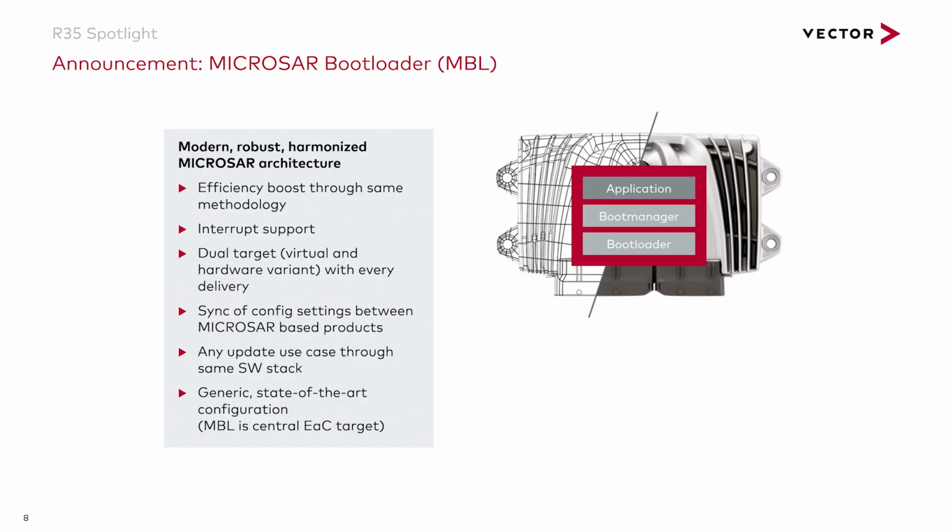That means no more mental switching between different update configuration concepts depending on the scenario necessary. The MBL follows a generic concept which keeps OEM variants close to each other and reduces development complexity. Because the bootloader is highly configurable, we rely on our modern EcuC-as-Code paradigm to ensure that configuration is efficient, transparent, and future-proof.